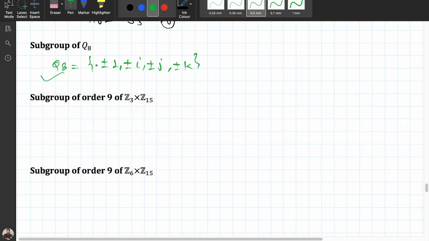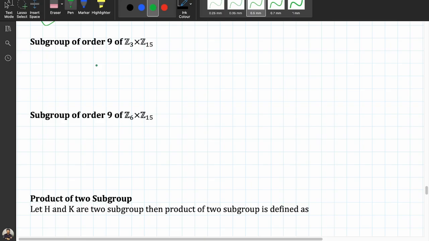Next, subgroup of order 9 of Z3 cross Z15. Subgroup of order 9 in Z3 cross Z15, how can we find? So from here we will see subgroups of order 9. So first thing, the order of the subgroup is 9.